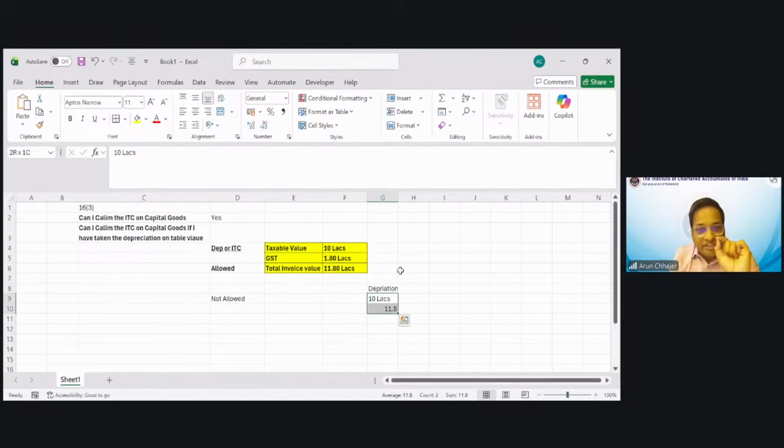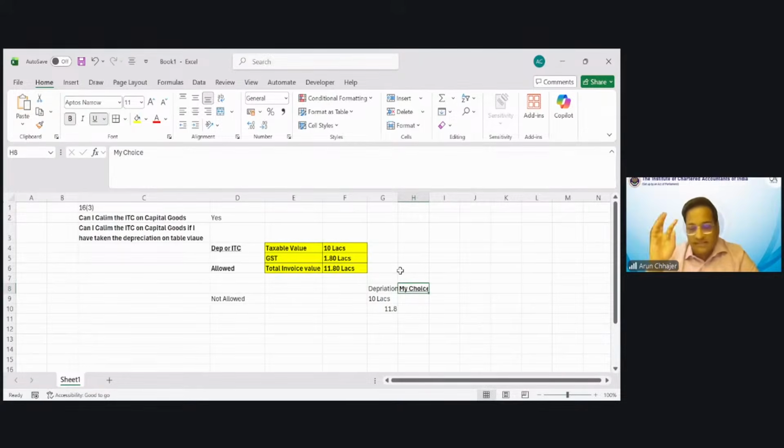Will I calculate the depreciation on 10 or on 1180? The answer is, it's my choice. It means I can go for 10 or 1180. It is my choice.